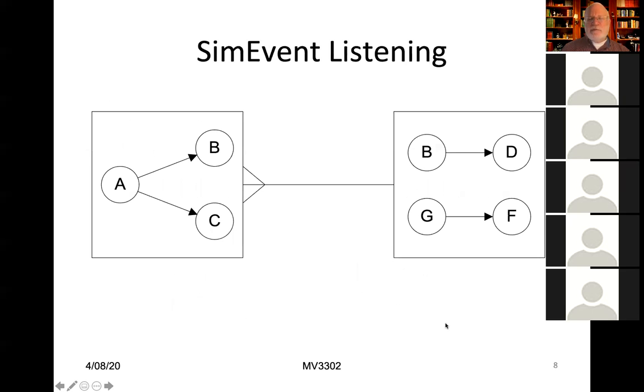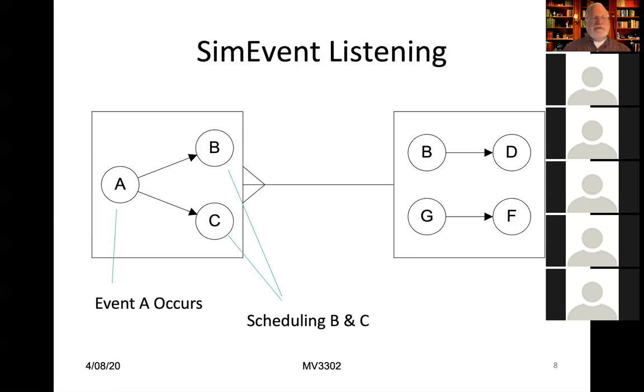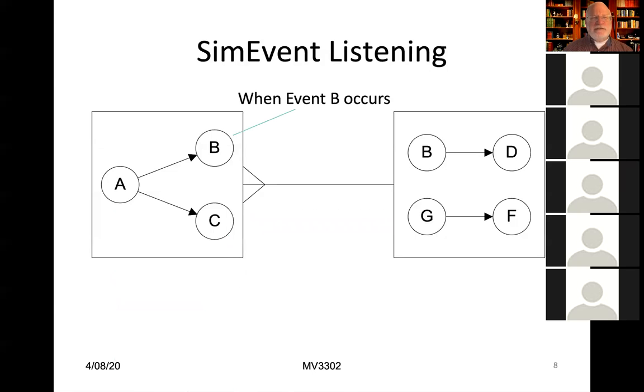So here's how that might work. Let's say event A at some point occurs, by hook or by crook. And it will schedule events B and C. And at some point, event B is going to occur.